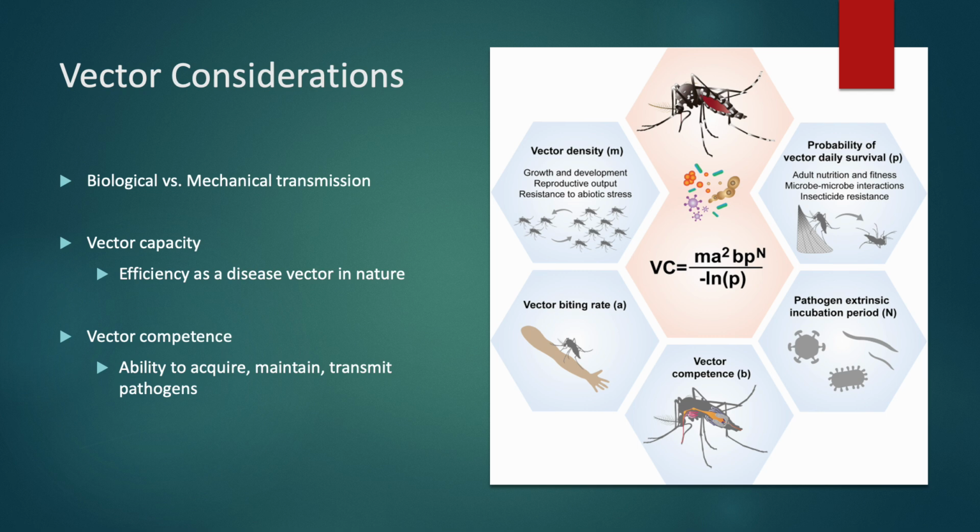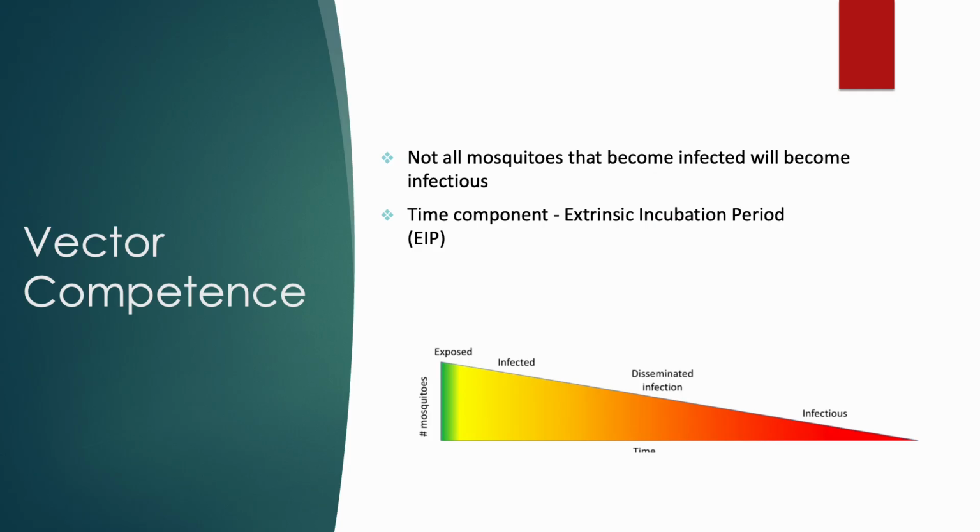And this vector competence is defined as the intrinsic ability of a vector species to transmit a specific pathogen. Interestingly, not all mosquitoes that get exposed to a virus will become infectious. So we have this filter of time that determines this.